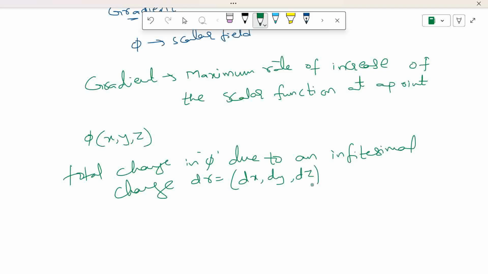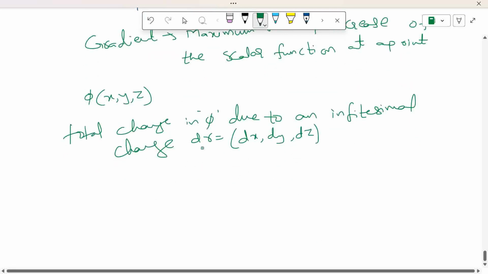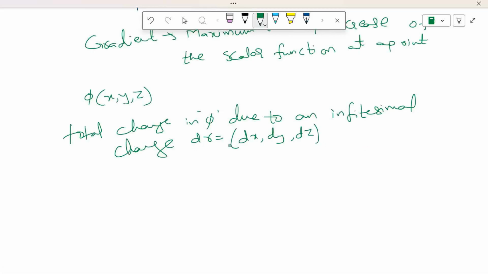So basically in the x, y and z directions there is a small change of dx, dy and dz. So for that, what is the change in phi? We have seen that it is a diagonal of the parallelepiped, which will be the increase of dx, dy and dz.